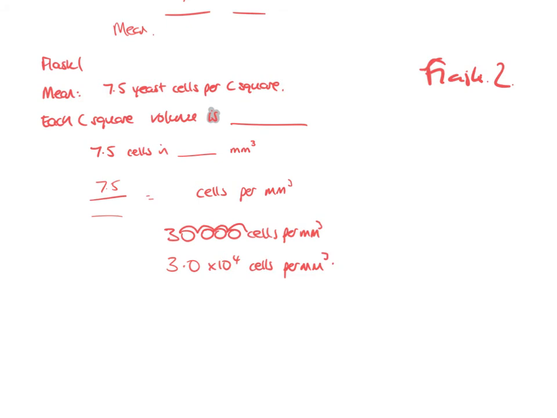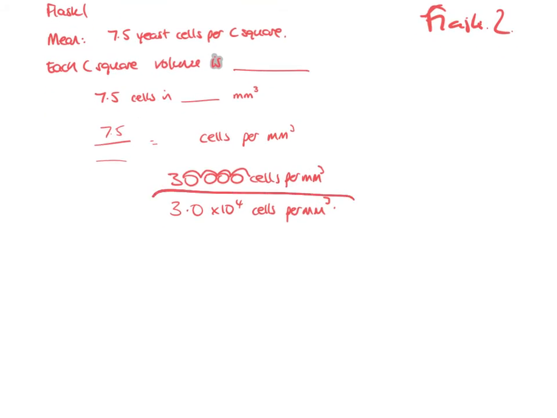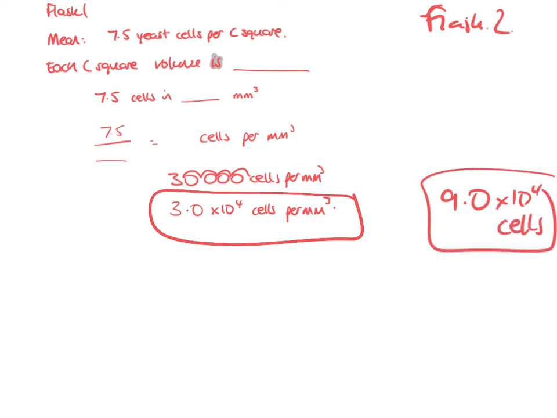You can do it beside it, you can do it underneath it. I don't really care. Doesn't matter. But eventually you will end up with 2 numbers. And just say that we end up with that figure there for flask 2. Flask 1 only had 1 gram of glucose. Flask 2 had 2 grams of glucose.